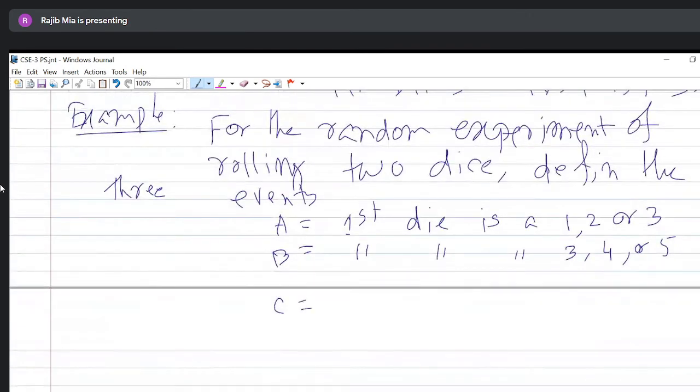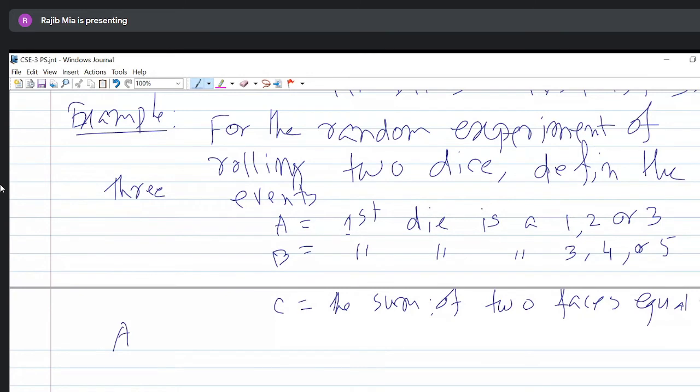And C is the event that the sum of the two faces equals 9.